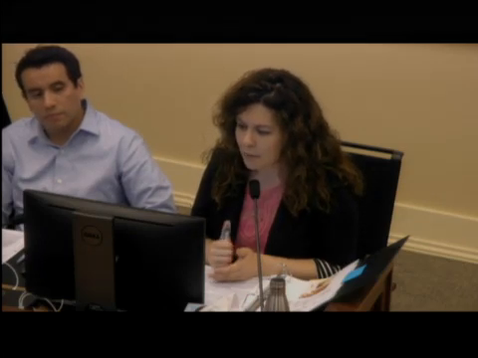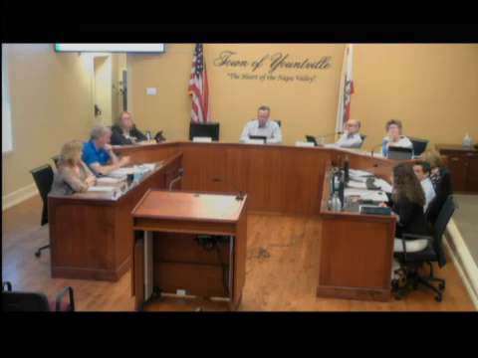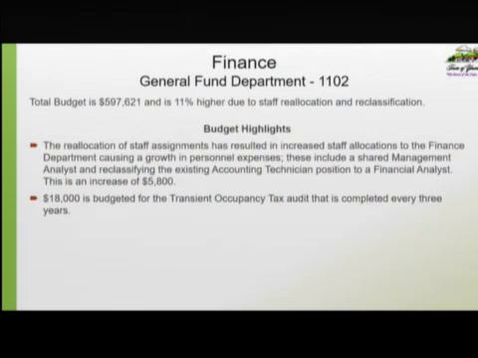But then we also benefit across the organization from the management analyst in HR, who also supports finance. And so we reallocated that a little bit to have it be more true to the time spent. And then we are also proposing a reclassification. Since my arrival to the town as director, one of the things that I've been working on with the town manager's support and direction is to really improve capacity and the professional management of all of our finance and accounting measurements and reports.